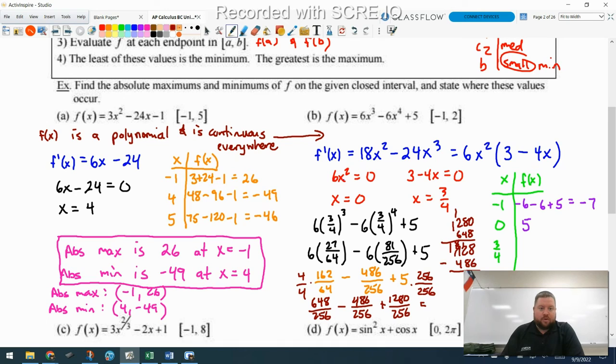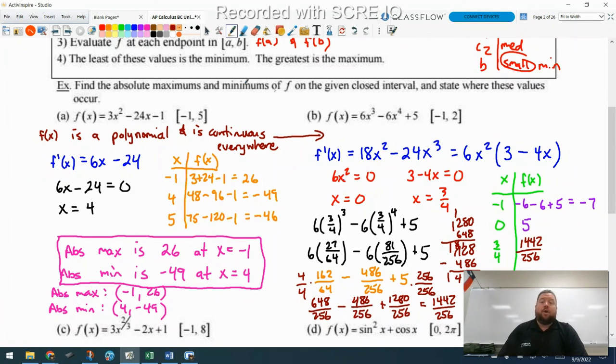Take 1 from the 9. 12 minus 8 is 4. 8 minus 4 is 4. 1442 over 256. All right, I'm done. I know I can reduce, but that's good enough.